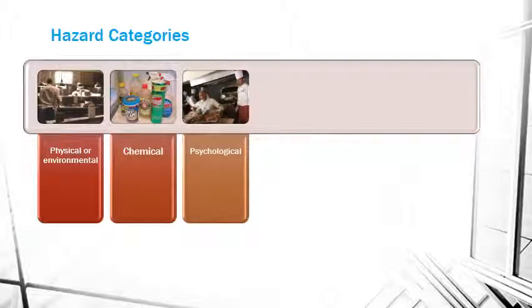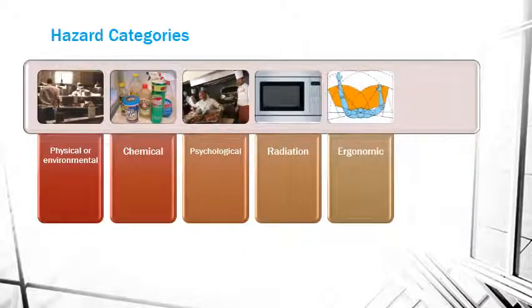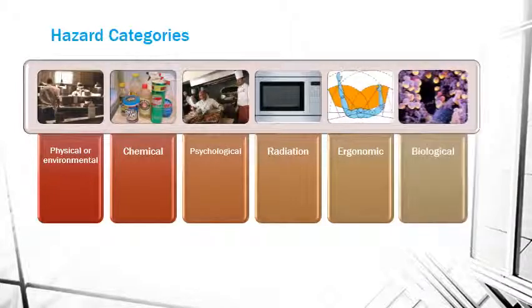Psychological, these kind of hazards affect the mental well-being of an individual, could be excess heat or sound within the kitchen. Next one, radiation. This could be exposure from microwaves, ultraviolet waves, or x-rays. Using equipment which isn't designed very well could actually be a hazard within the kitchen. And finally, that biological hazard in food safety and keeping our food nice and clean.